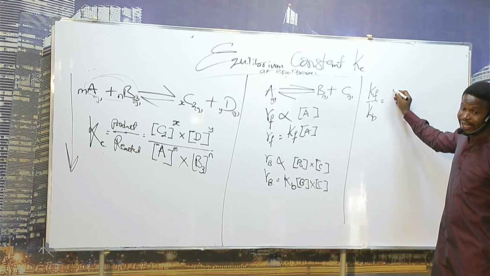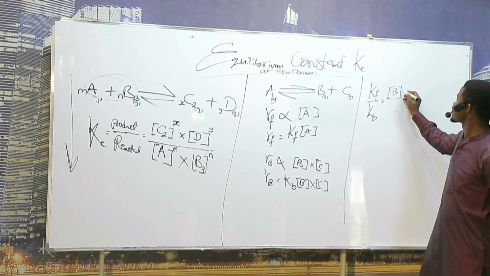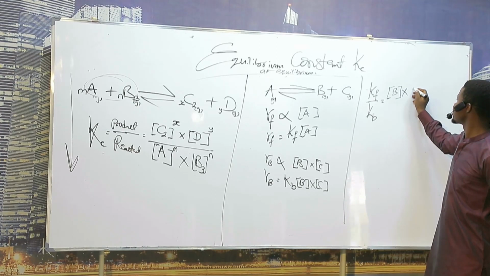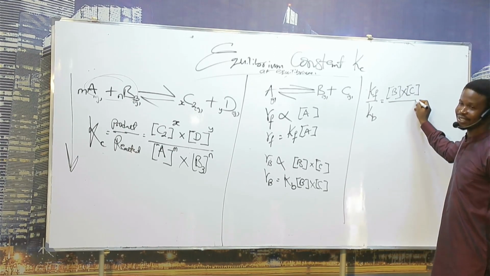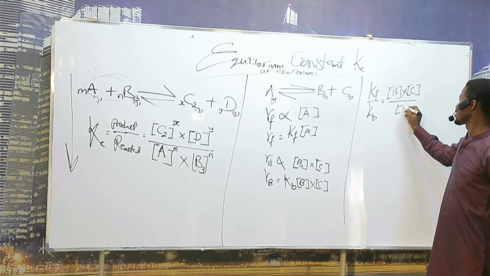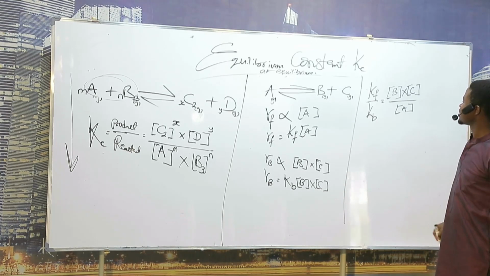Okay, say this B here, times C over what? A. Okay.